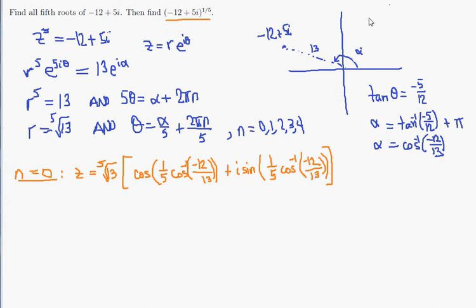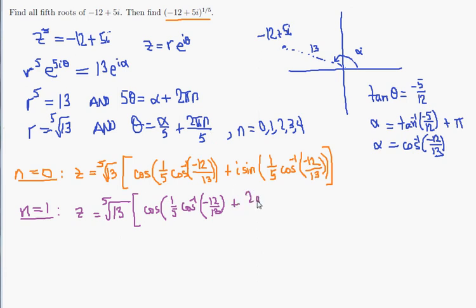Now the other terms will have kind of the same form as what we have before. The root for n equals 1 will be that z is equal to the fifth root of 13 times the cosine of 1/5 times the arc cosine of negative 12/13, and then I need to add 2 pi times 1 over 5.